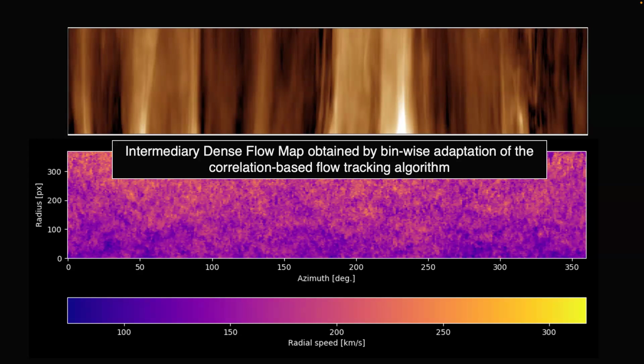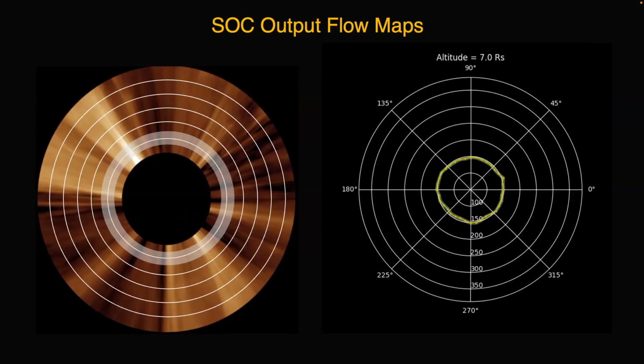They will be derived from this intermediate dense flow map that you're seeing now on the screen. These intermediary dense flow maps are an intermediary data product that the SoC is not delivering to you, but it is what is being used internally to generate the different radial flow maps.